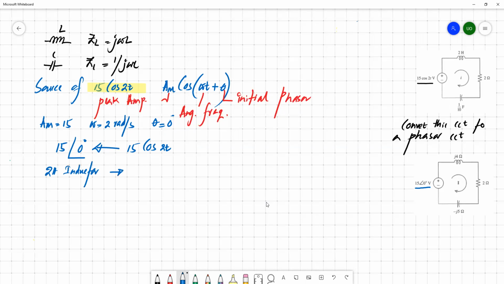We can simply replace this inductor with its impedance j omega L. Omega equals 2, L equals 2, so 4j. See, it's 4j. Then we have this 2 ohm resistor, no need to replace it. So the impedance is as it is.